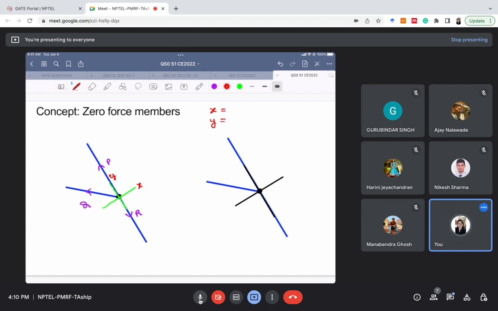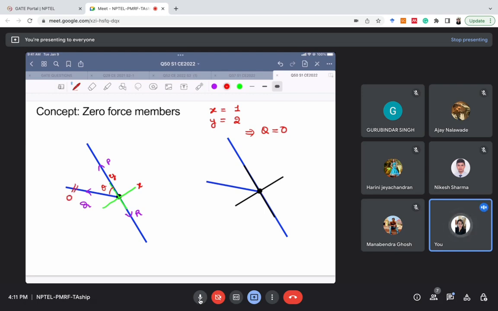Let's first study the y direction. The number of forces in the y direction is 2, that is P and R, right? The number of forces in the x direction is only, let's say the angle is theta, so it's only Q sine theta. So the number of forces in the x direction is only 1. This implies that that particular force Q is 0, and this is a zero force member.